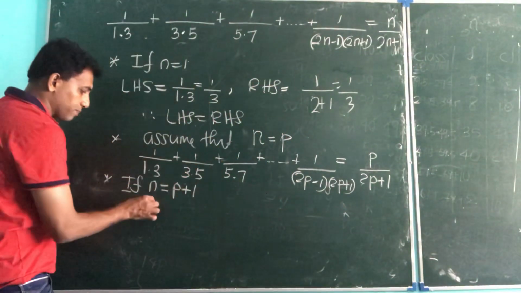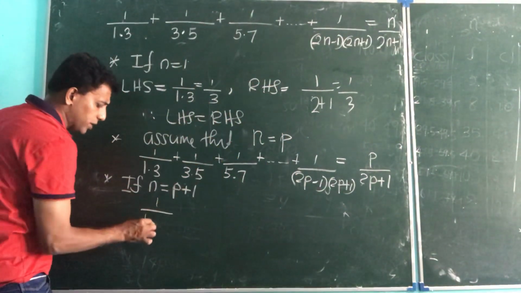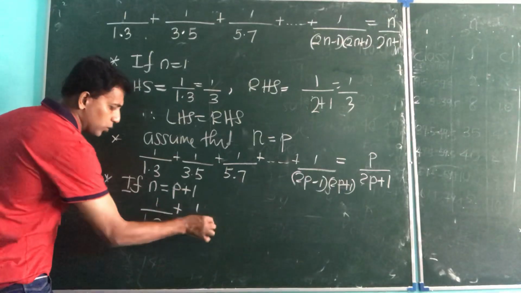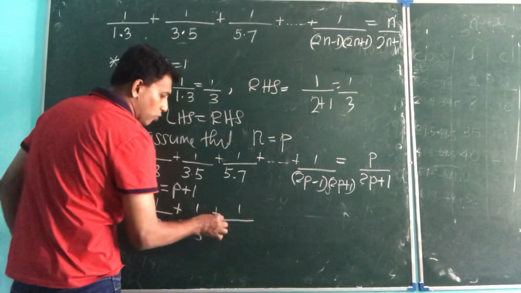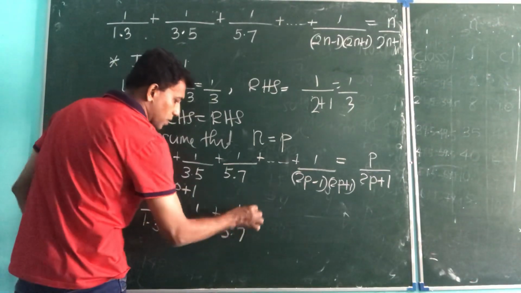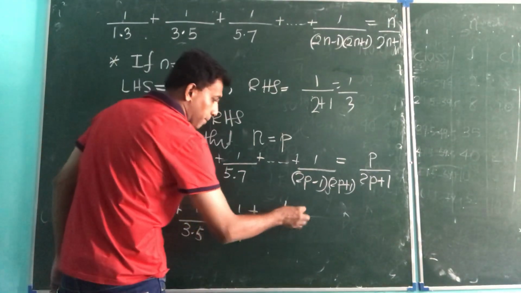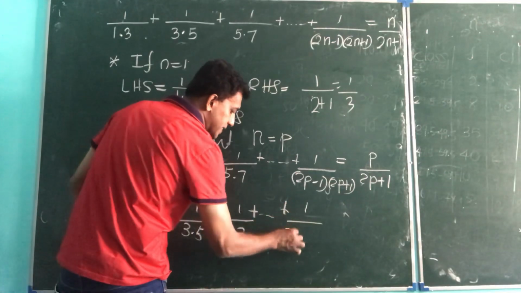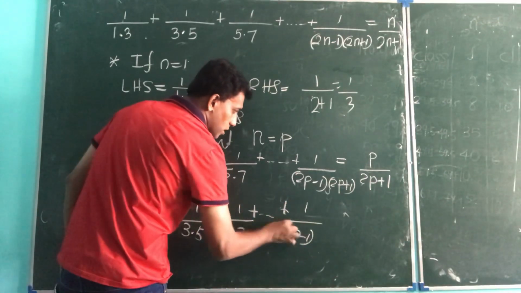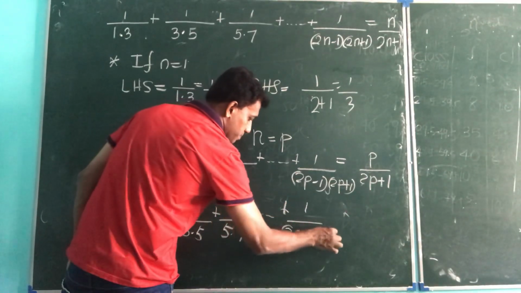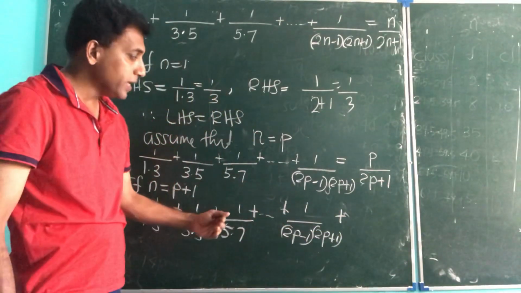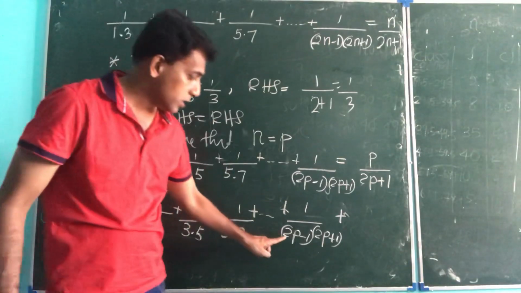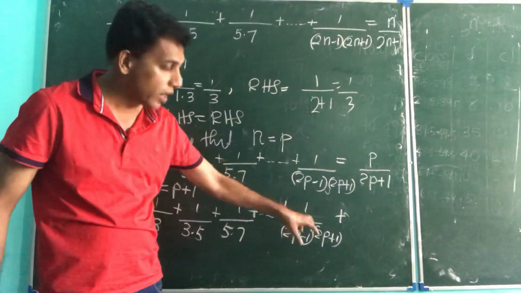Therefore, continuing: 1 over 1 into 3 plus 1 over 3 into 5 plus 1 over 5 into 7 and up to the p-th term. Write the p-th term. Next, write the new term, the p plus 1 term. Put p plus 1 for p, write that term.